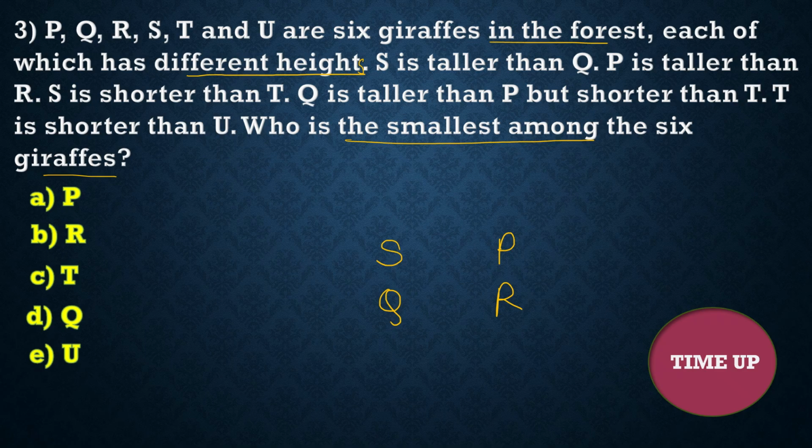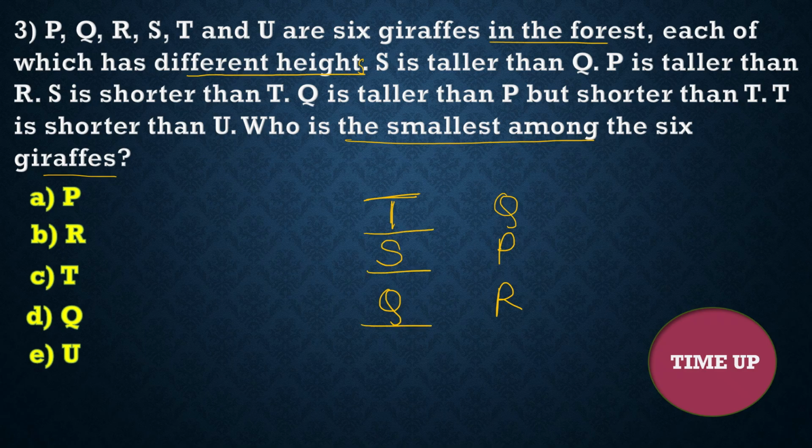S is shorter than T. Q is taller than P, but shorter than T. Correct? So if T is here and if Q is shorter than T, then how will you place them?